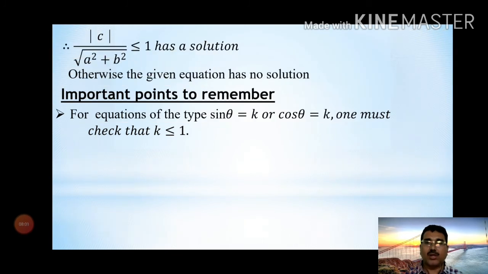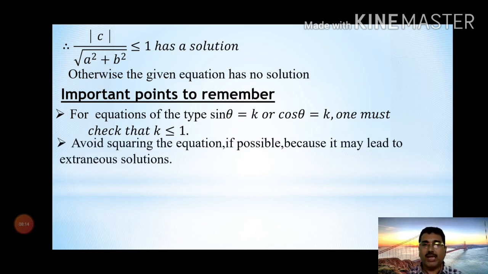Actually, x is equal to 2 is the only solution, but here minus 2 is an extra solution. So avoid squaring the equation if possible, because it may lead to extraneous solutions.